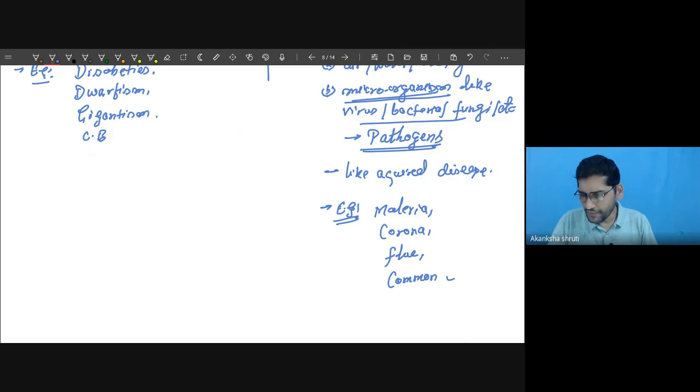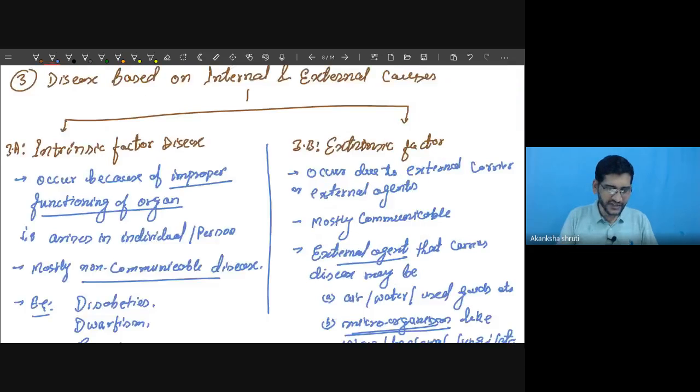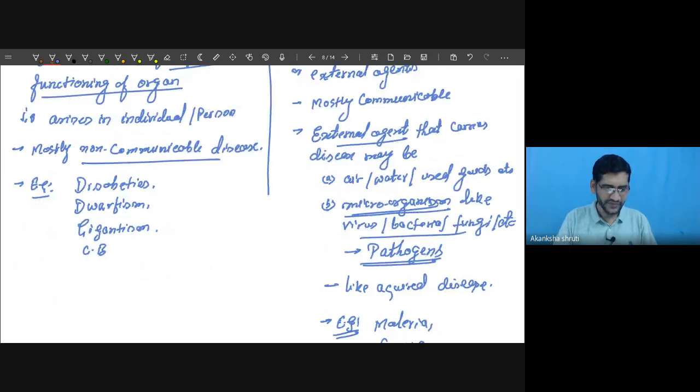Mostly these are not because of an intrinsic factor, but occur because of a change in environment or some external microorganism entering our body. So these are your extrinsic factors.